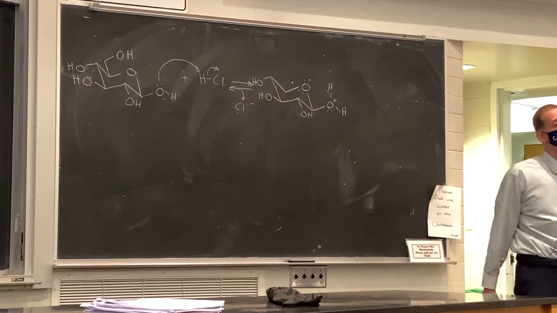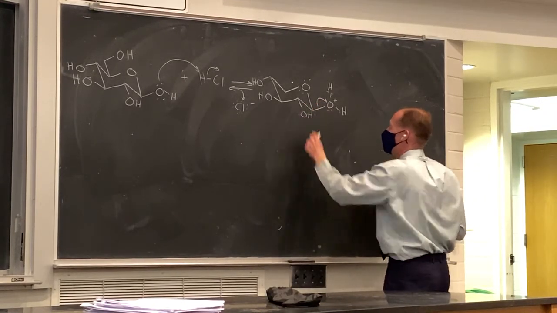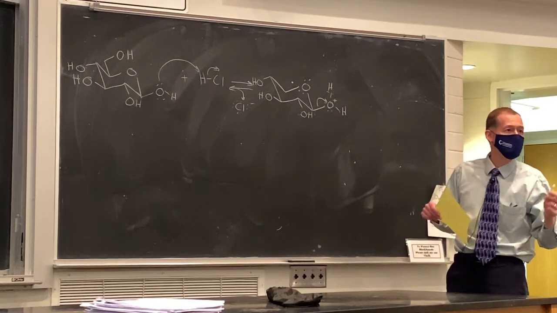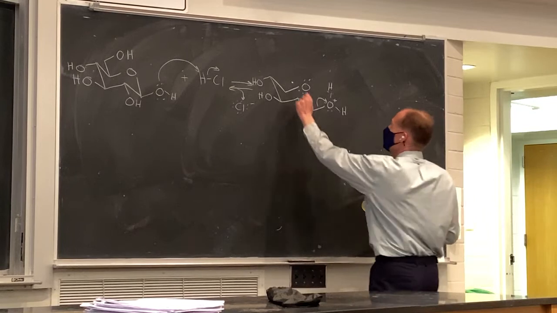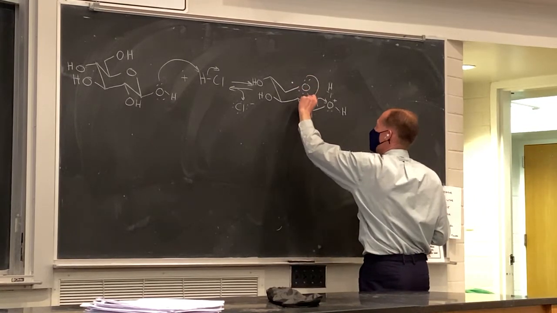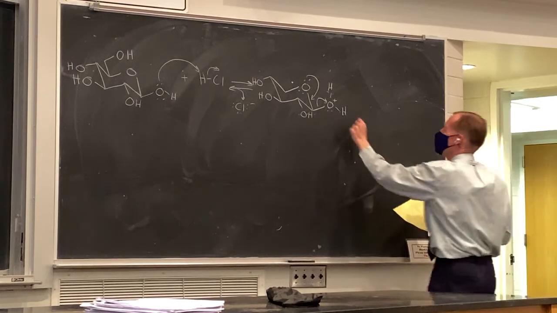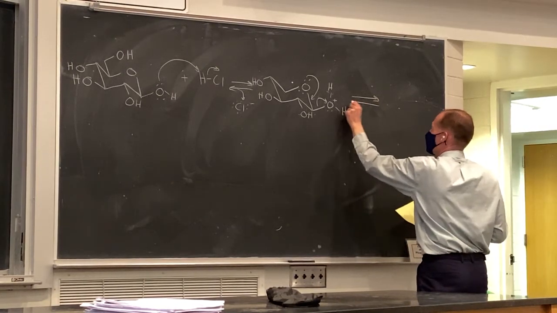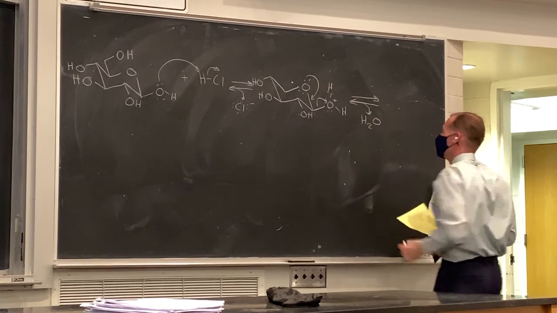It leaves. We lose water. Okay? So indeed, that's what happens here. We lose water. Because we're losing water from the anomeric carbon, from a hemiacetal, we can actually use the adjacent oxygen, the electrons on that adjacent oxygen, to displace the water. Okay?